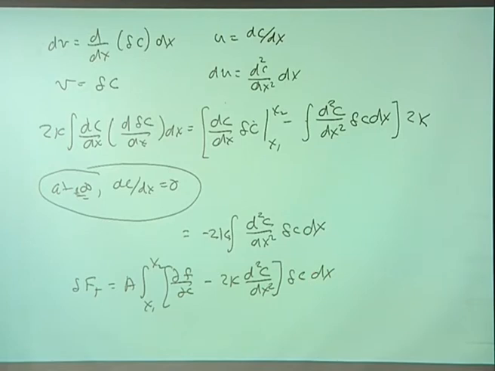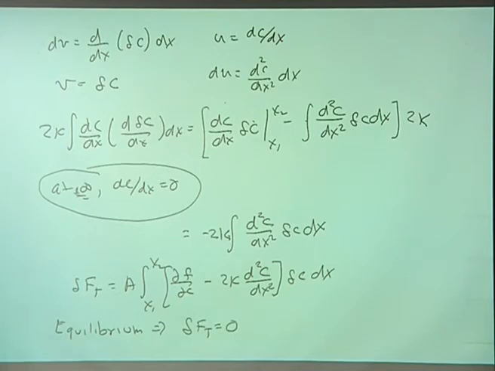Okay, and so we're going to look for equilibrium, which implies that delta F has to be equal to 0. Here's an important assumption. Again, you want to think about this in a physical way, not a mathematical way. You want to think about this as going into the system and changing delta c someplace as a function of position.